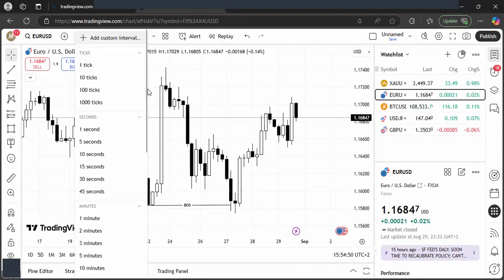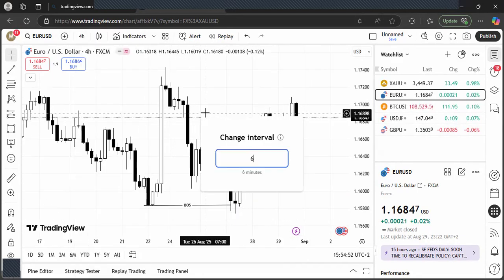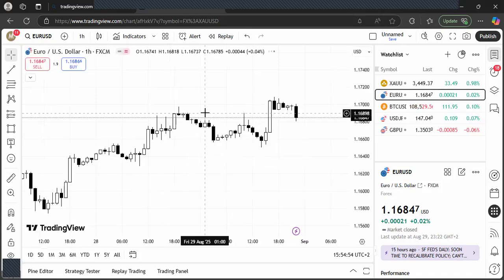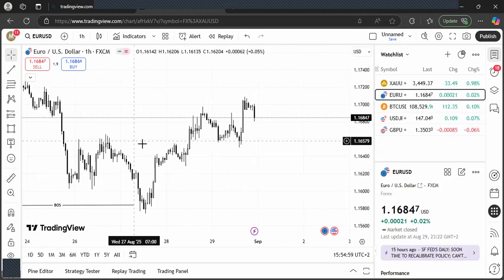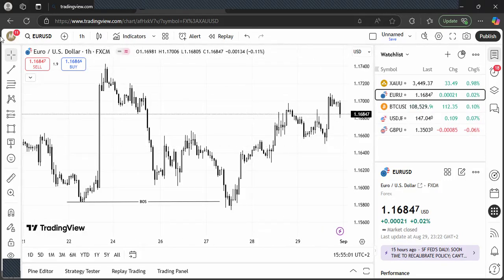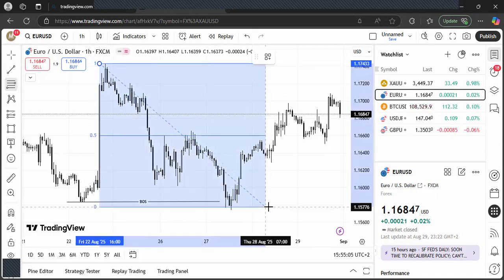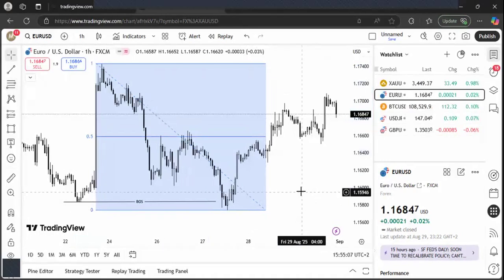So as I said, due to time frame alignment, you have to go to the 1-hour time frame to find the order block. Honestly, this is way too long.